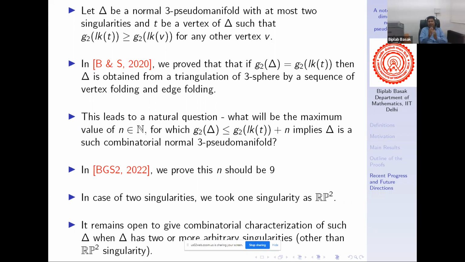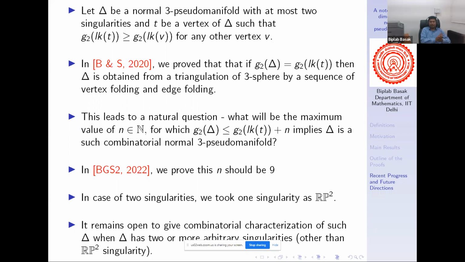Now this leads to a natural question: what is the maximum value of n such that G2 of delta less than or equal to this number will imply delta is the same type of manifold? In one of our articles with my student, we are able to prove that n is 9. But in the case of 2 singularities, we took 1 singularity as RP2.